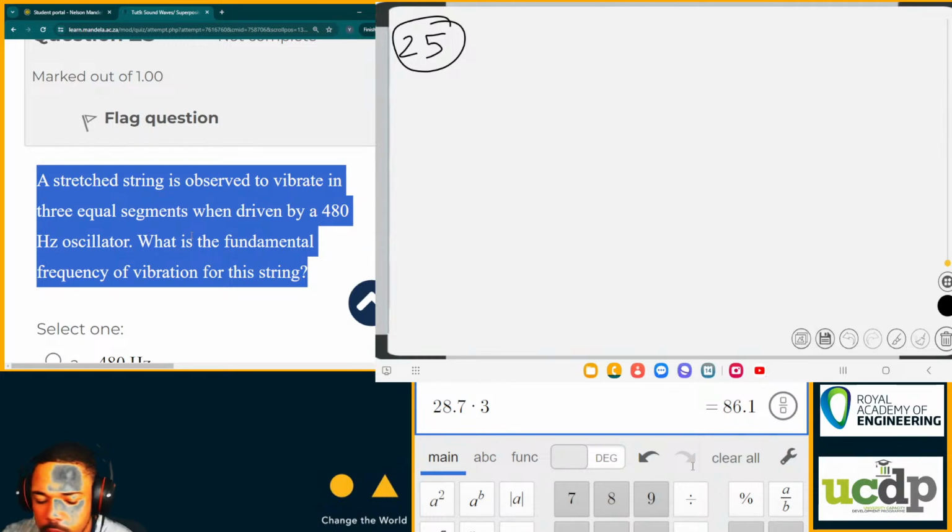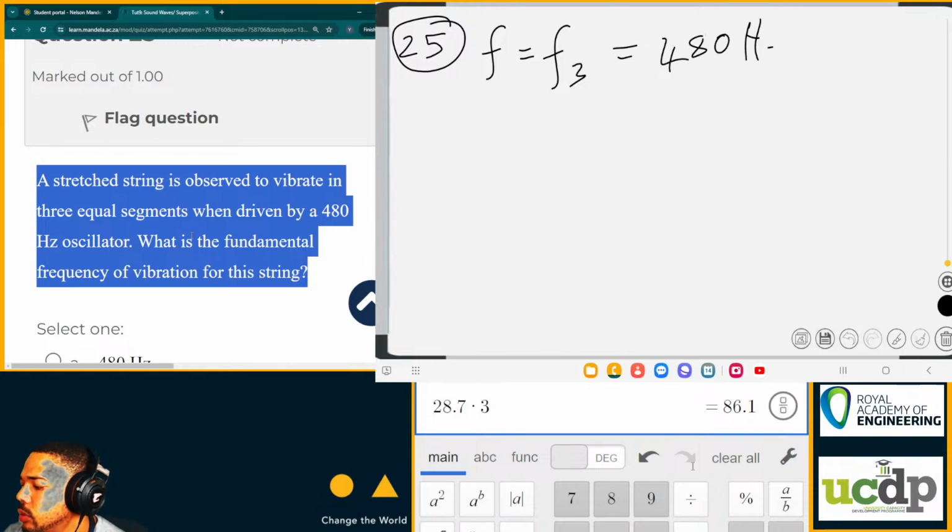Now, the fundamental frequency. The frequency given to us is the third harmonic. It vibrates in 3 equal segments when it's driven by a 480 Hertz oscillator. So it's the third harmonic and it is equal to 480 Hertz.